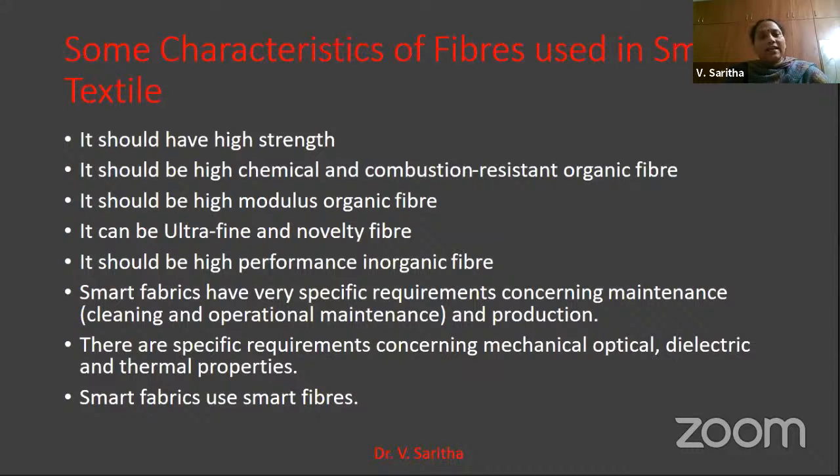It should be high chemical, combustion resistant organic fibers, because we should be able to wash them. So when we are washing smart textiles, there should be no damage actually. Because in washing powders or washing liquids, chemicals are involved, this should be high chemical and combustion resistant organic fiber actually.